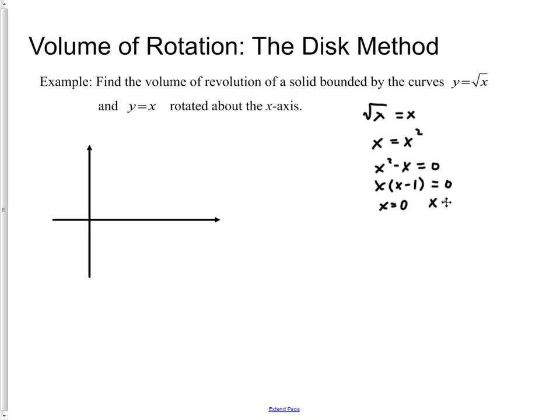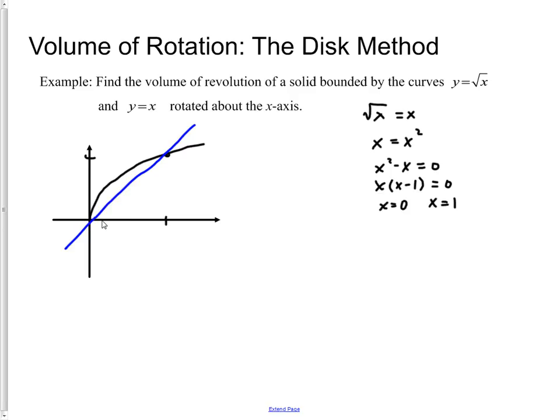All right, the next point is that we have to find an upper and a lower function. So let's go ahead and sketch our graph. The graph of y equals the square root of x looks like a parabola on its side passing through the point (1, 1). And the line y equals x is a straight line through the origin and the point (1, 1).